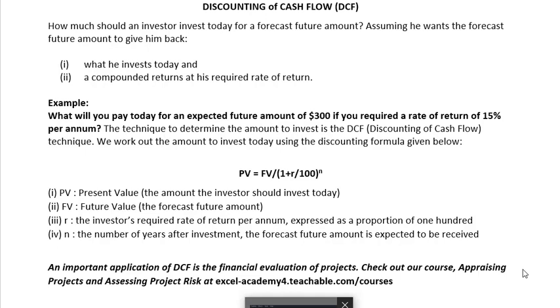The relationship between the rate of return and the amount to be invested is simply this. The higher the rate you want, the lower the amount you would pay for an investment. Vice versa, the lower the rate you are willing to accept, the higher the amount you would pay for an investment.